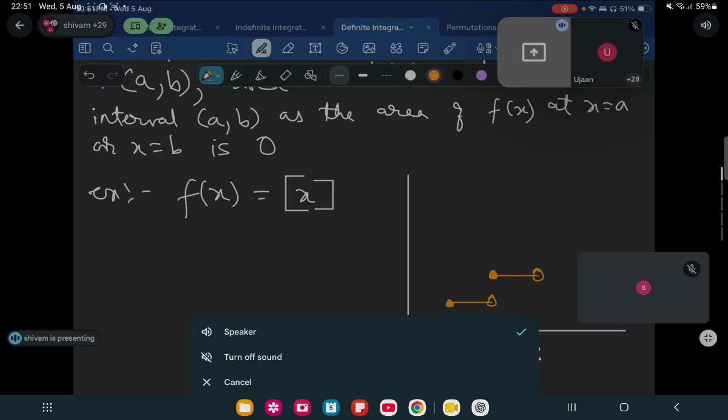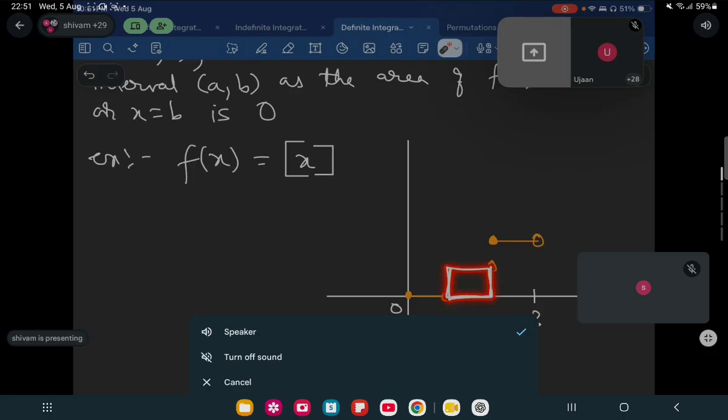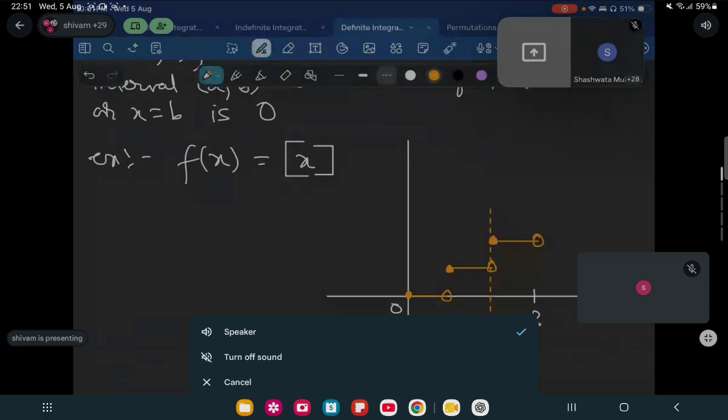If I calculate the area, what is the area of this box? Tell me, everyone. 1. And what is the area of this box? 2. So what is the total area, everyone? Total area is equal to 3 in the interval 0 to 3.